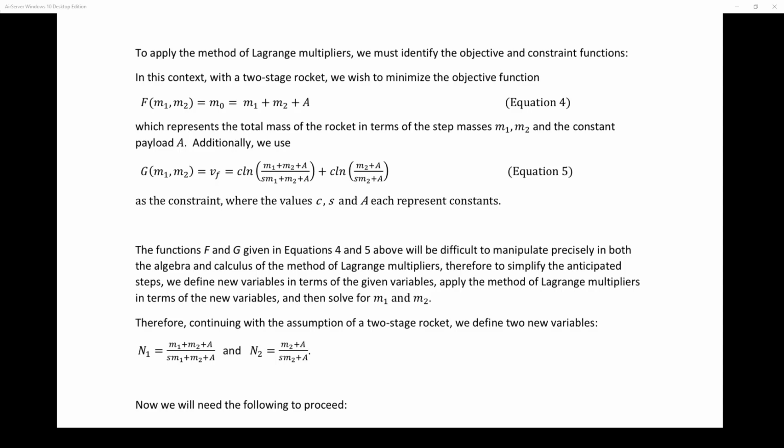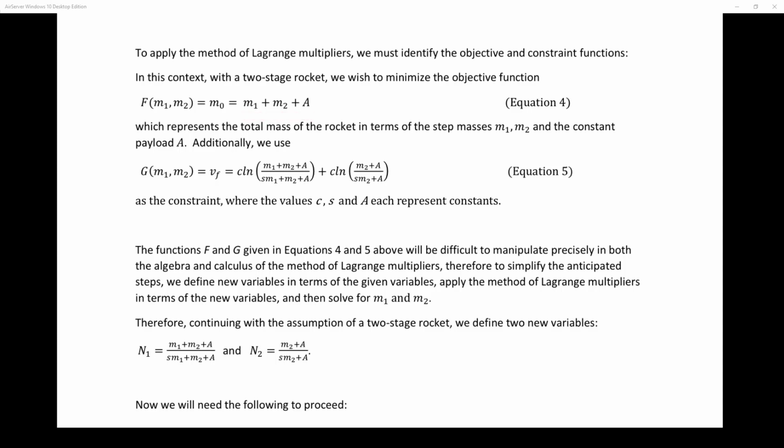So you could say that in this case, we back up now to the two-stage rocket example, you've got two masses that are variable at this point. We're trying to figure out what the stage 1 mass and stage 2 mass individually should be optimally to have basically the lowest total mass.